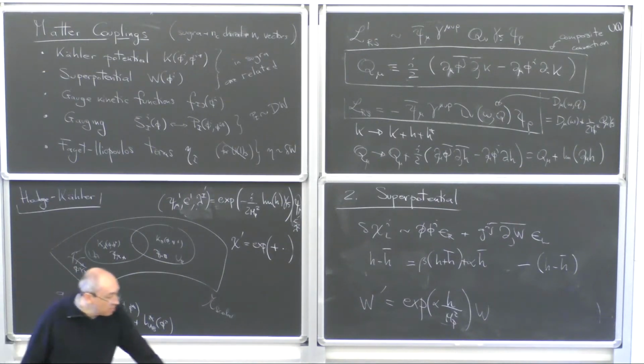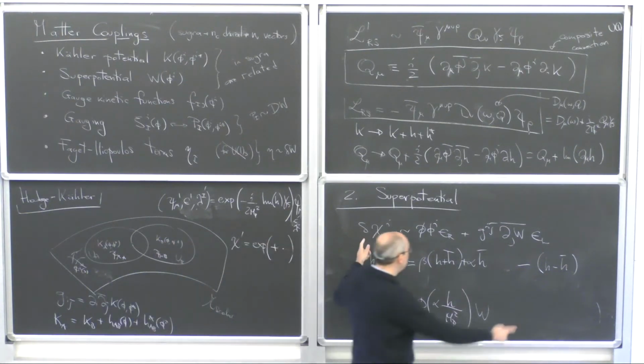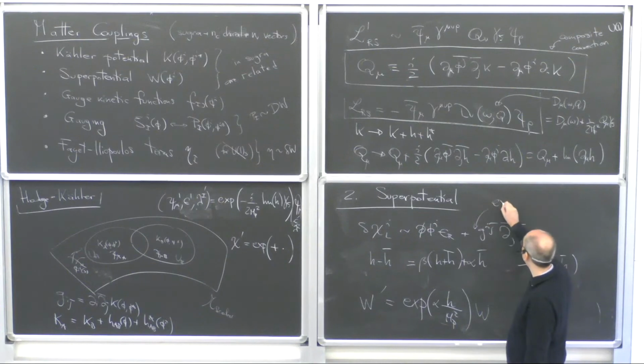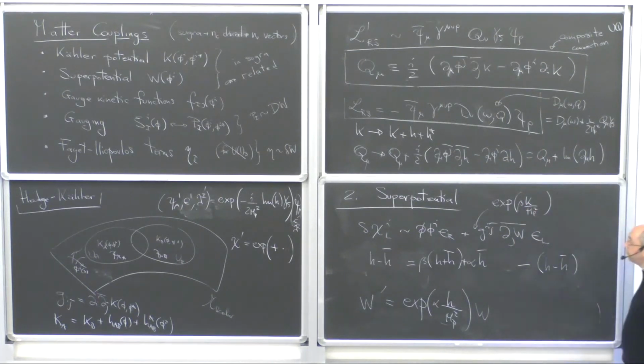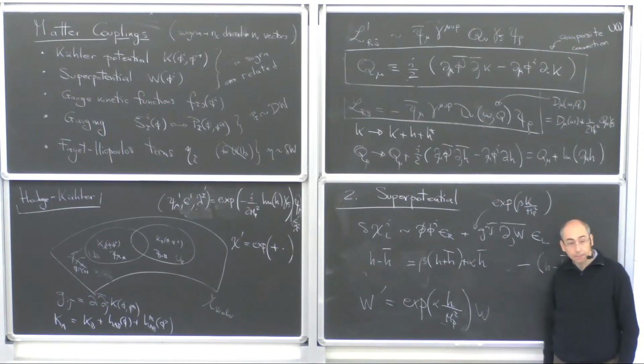So you see, this means that in supergravity, in order to make things covariant, I need to dress the superpotential. So whenever I have the superpotential, I have to add in front of the superpotential the exponential of the Kähler potential with a certain coefficient, of course, in such a way that the whole thing transforms covariantly.